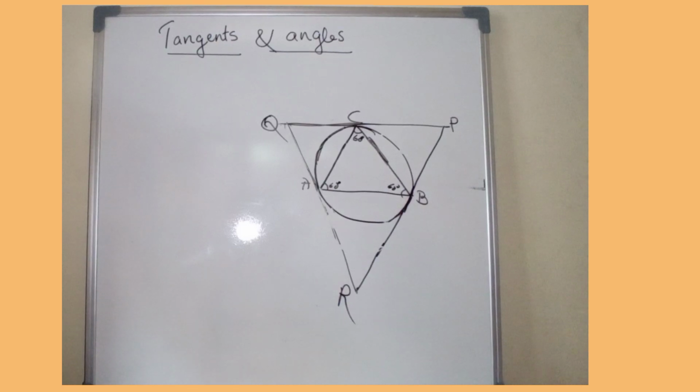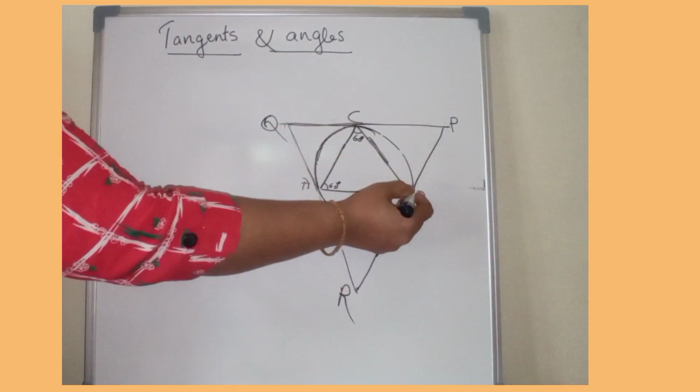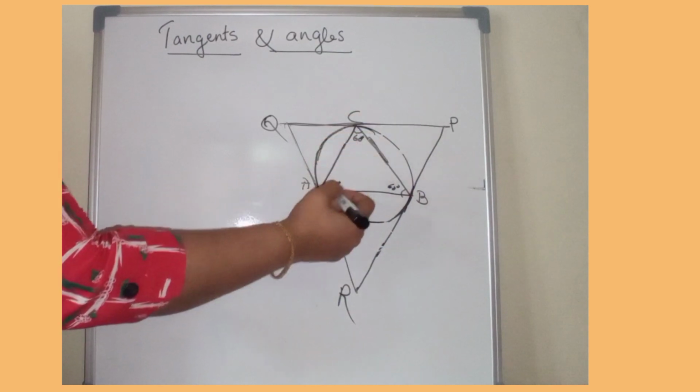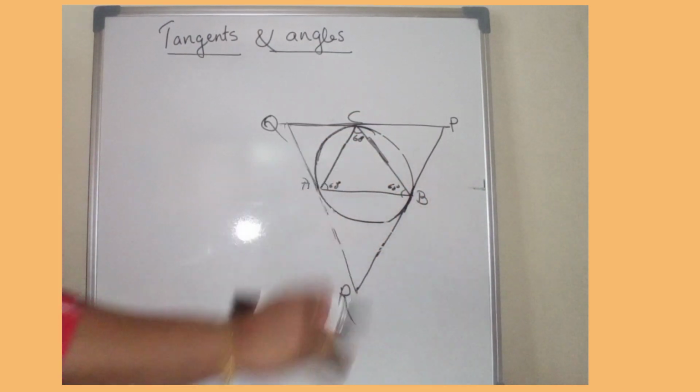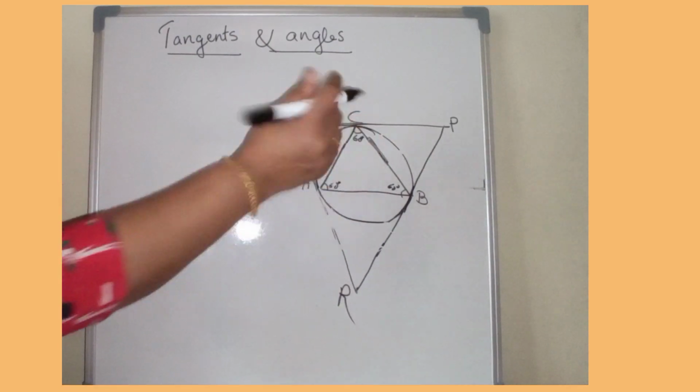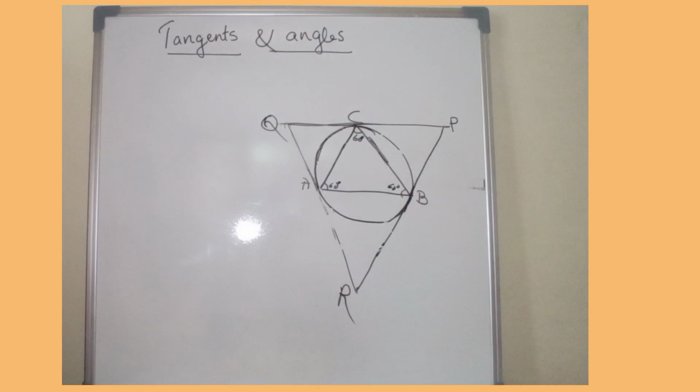Then from the chapter circles we have a result. What is that result? This one is a circle, and one side of the triangle, that is AB, or AC, or BC, is one of the sides of the triangle.